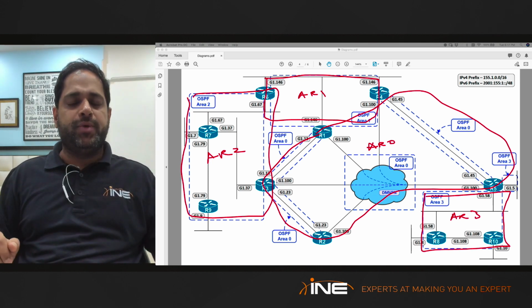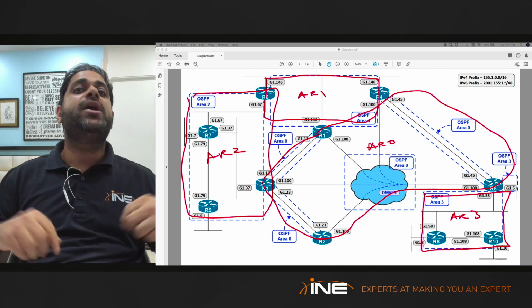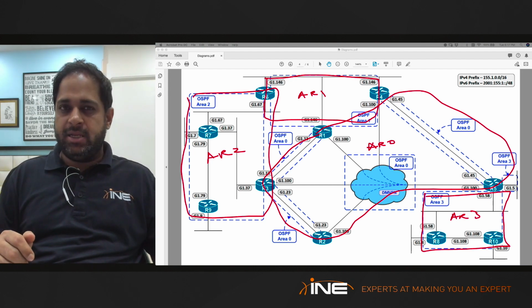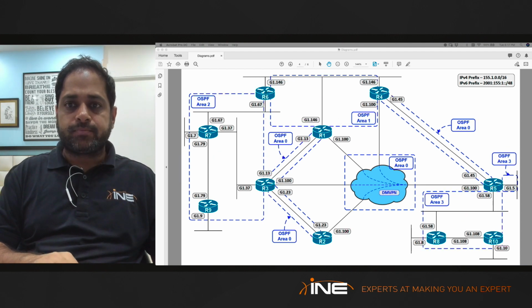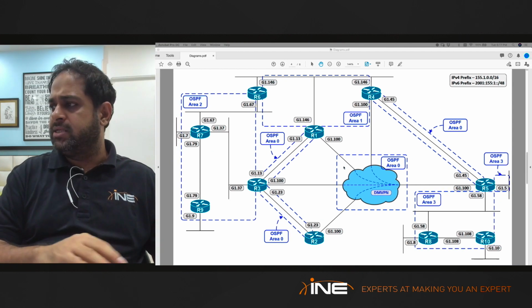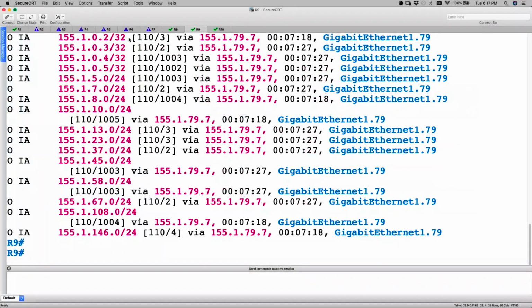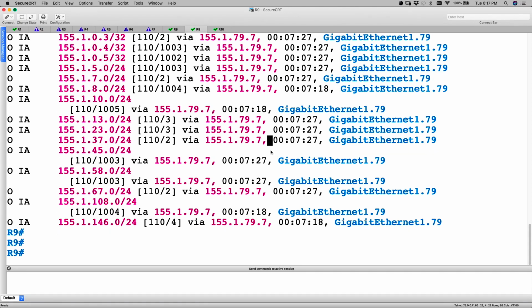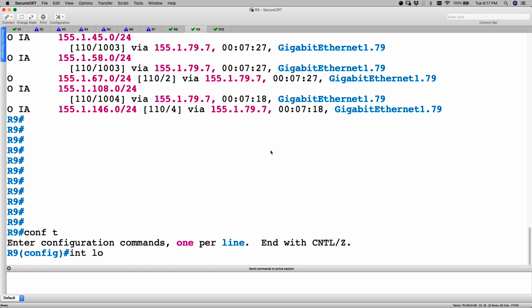So what I'm going to do is create some routes first. I'm going to create some loopbacks, and let's redistribute those loopbacks in OSPF. So on router 9, let's create some loopbacks. Config t, interface loopback 9.